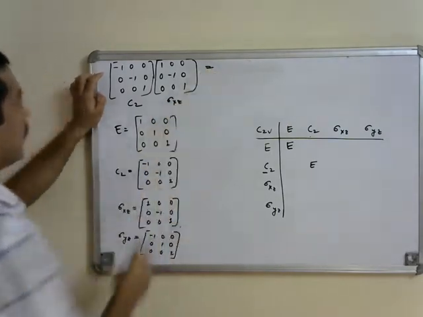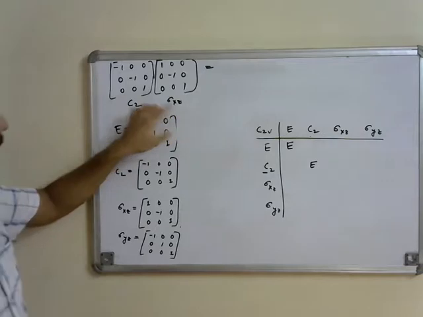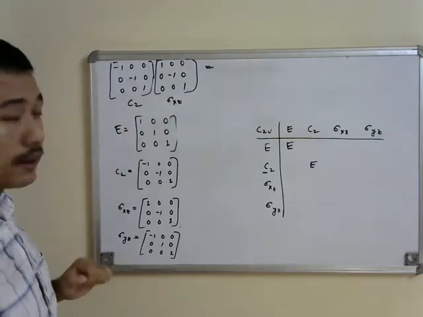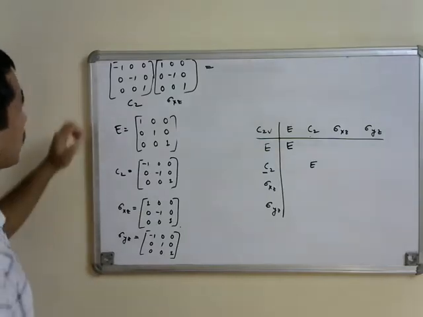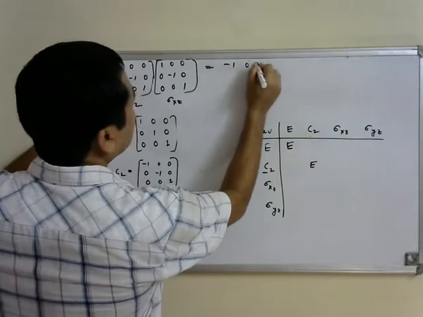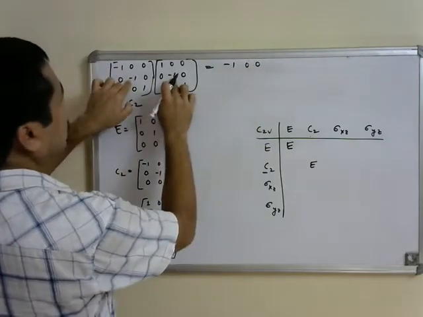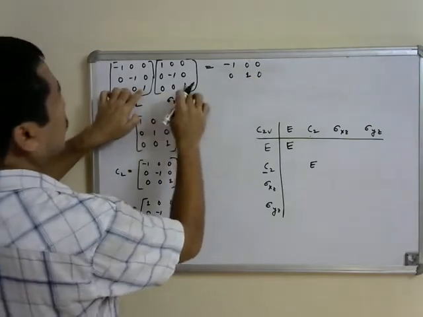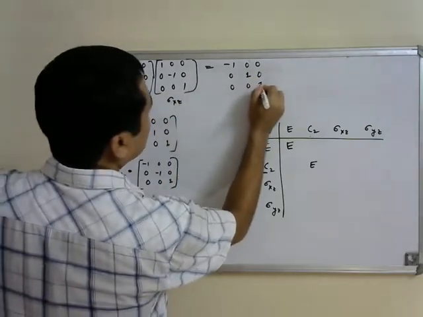When we multiply the matrix representation for C2 with that for sigma xz, the answer is going to be -1 into 1, which is -1, and here also -1 into -1 is going to be +1, and +1 for the last element, so 0 0 +1.